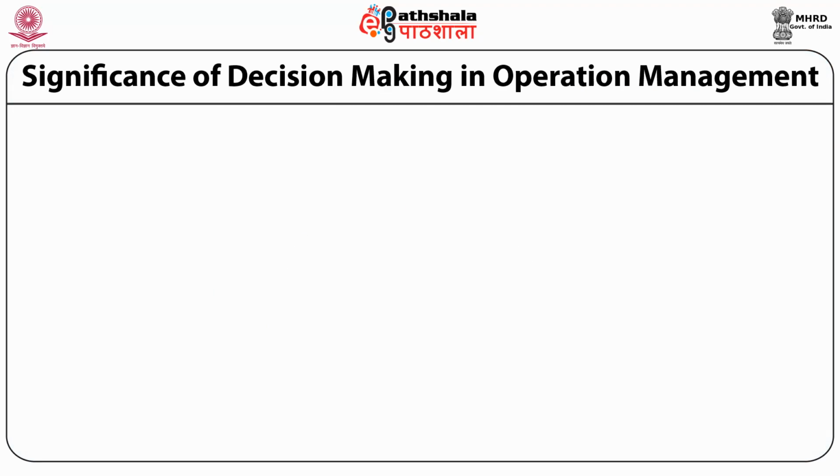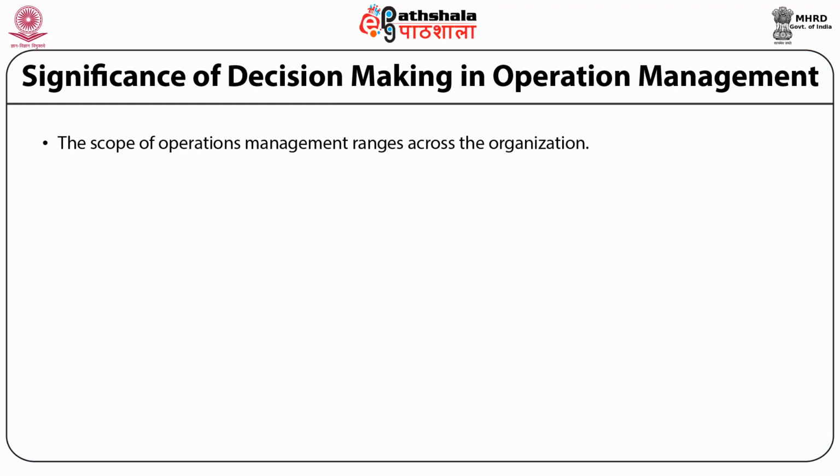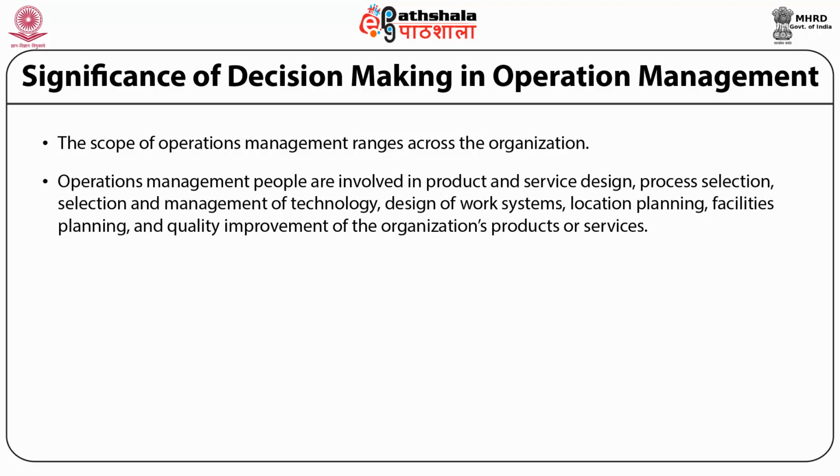Significance of decision making in operation management. The scope of operation management ranges across the organization. Operation management people are involved in product and service design, process selection, selection and management of technology, design of work systems, location planning, facility planning, and quality improvement of the organization's products or services.